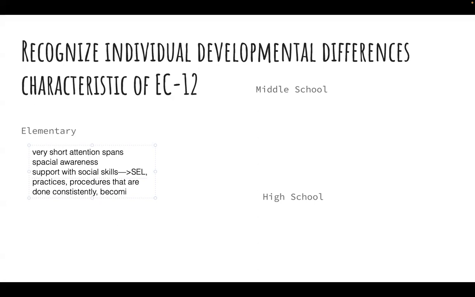Procedures that are done consistently become routines. Routines also help students understand social cues. I have to raise my hand. I have to wait my turn. These are the steps to do these sorts of things, and understanding that there are procedures to it.